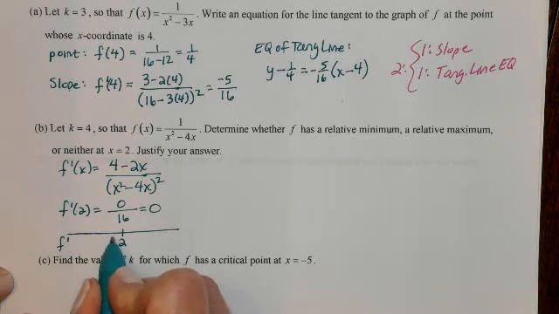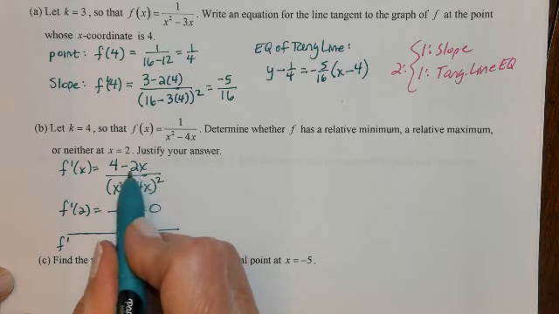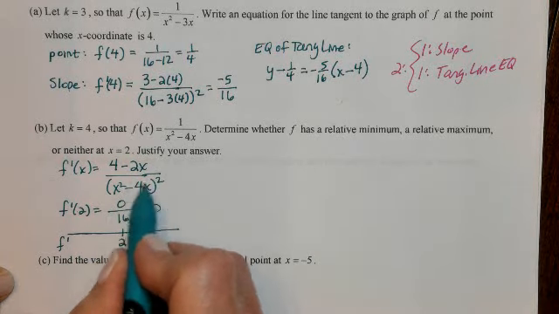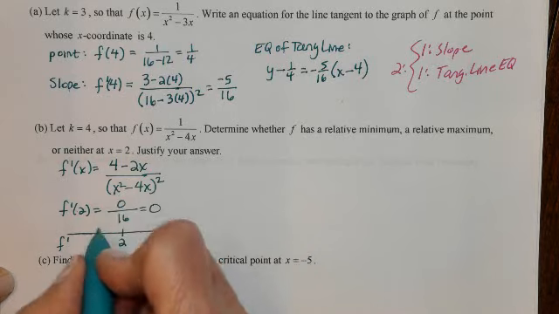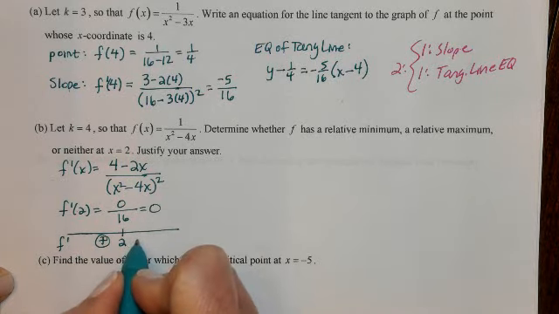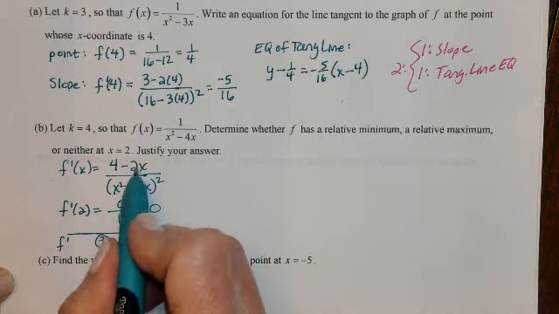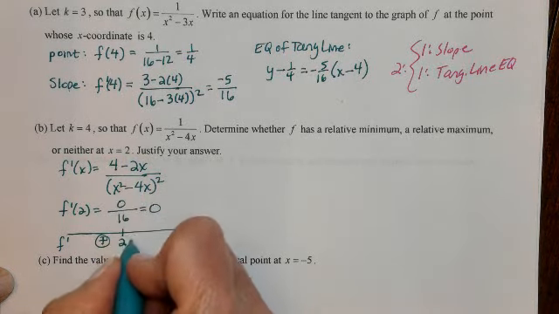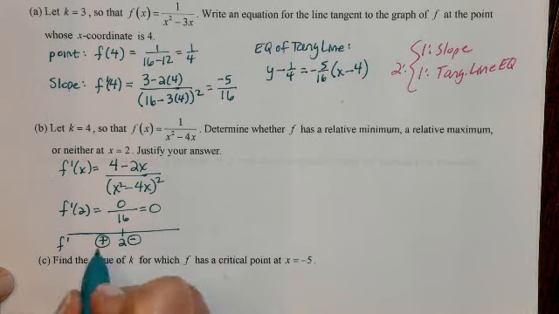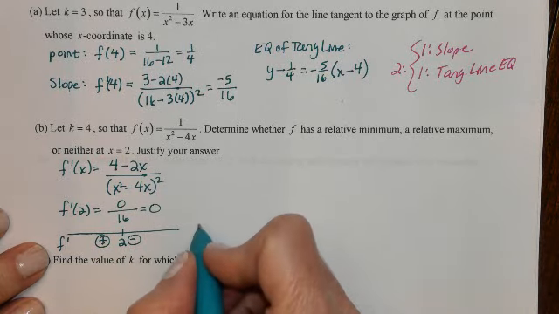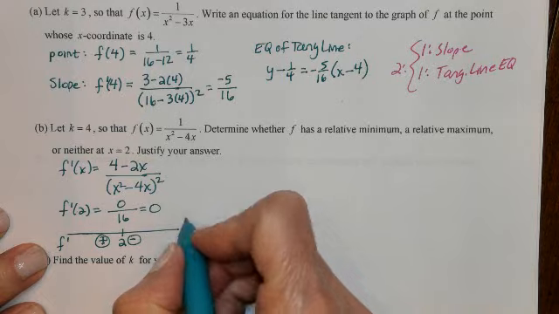If we put in 1 for x, we'll have 4 minus 2, so we have positive on top, and we definitely have positive on the bottom, so this will be positive on this side. And on the other side, if we put 3 in, the top is less than 0, so this will be negative over here. So f prime went from positive to negative, therefore we have a relative max.